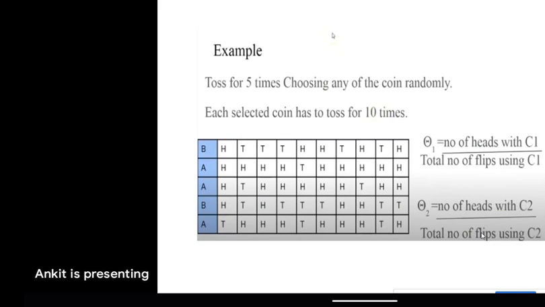We select 5 times, either coin A or coin B. We named one coin A and another coin B, and each coin is tossed 10 times.